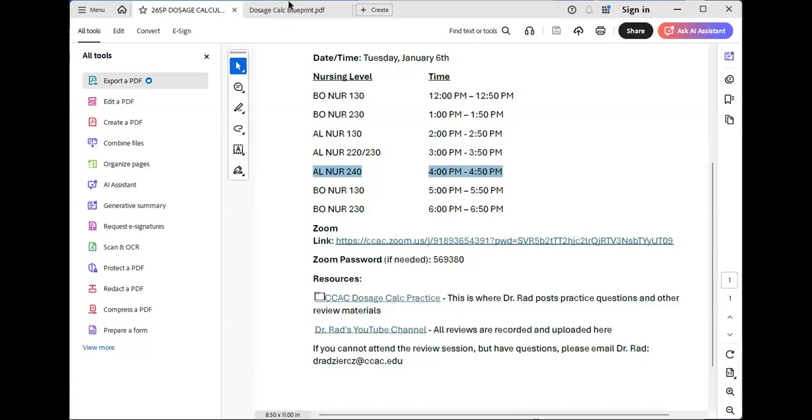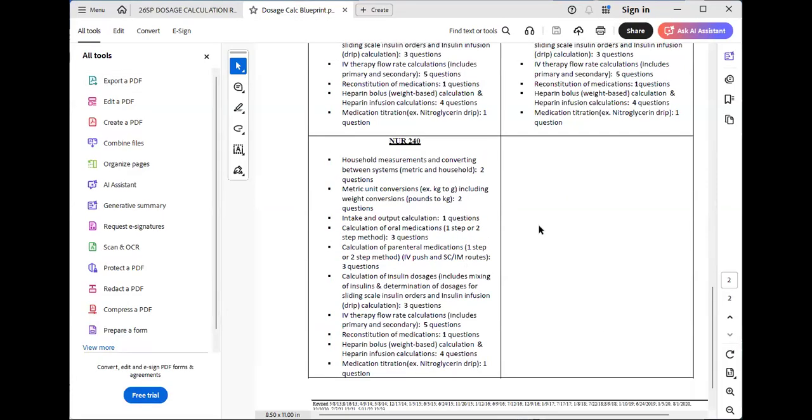Just as a reminder, if you haven't looked at the blueprint in a little bit, you're responsible for basically everything you've already learned from 110 to 130 to 220, 230. The only thing that's a little bit different, actually it's not even that much different, is the nitroglycerin drip question, but you may have already seen a similar question last semester.